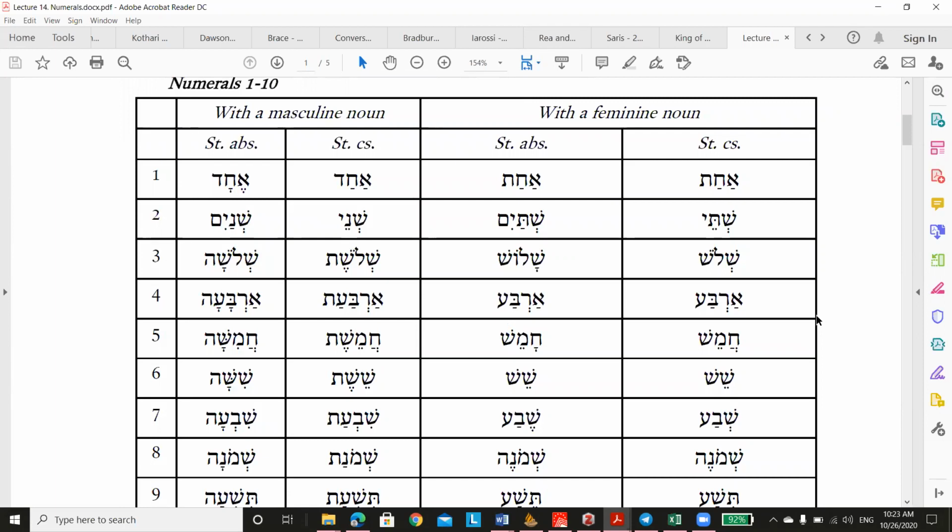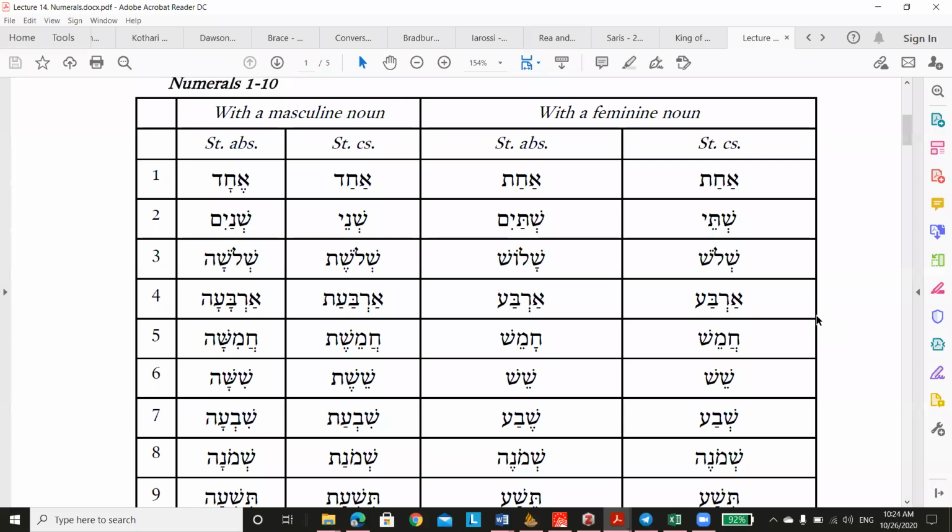One more issue that we need to remember is that numbers should agree with the nouns in gender. In the left column, you can see the numbers which are used with the masculine nouns. And in the right column, you can see the numbers that are used with the feminine nouns.